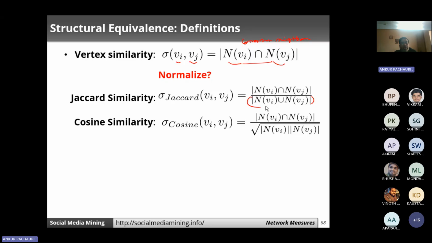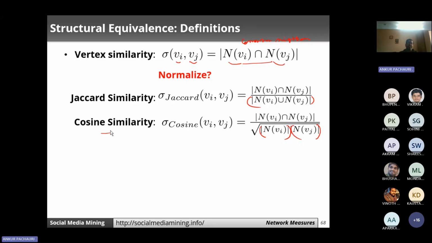Whereas if I normalize it by the product of their individual neighborhood sizes, the neighborhood size of Vi and the neighborhood size of Vj, multiply them together and then take a square root, that type of similarity is called cosine similarity.